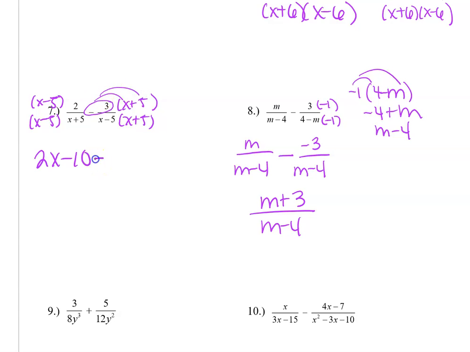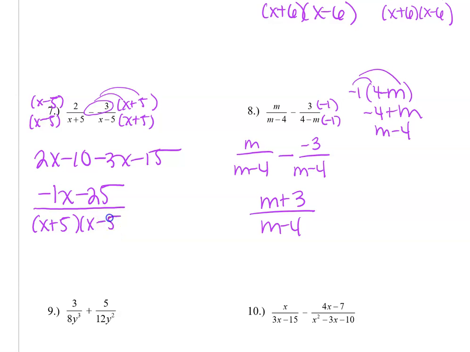So this is negative 3x minus 15. And if I clean that up a little bit, 2x minus 3x is negative 1x minus 25 all over x plus 5, x minus 5. That's the common denominator. This was just my work for the numerator from that.